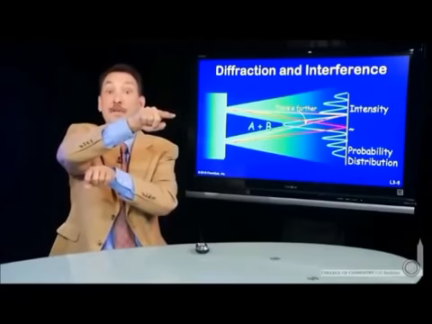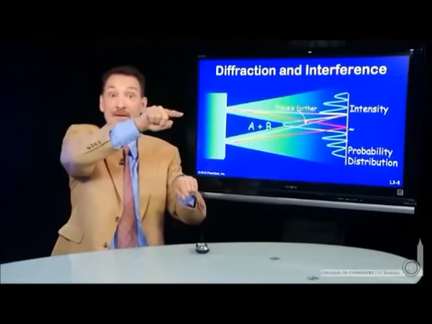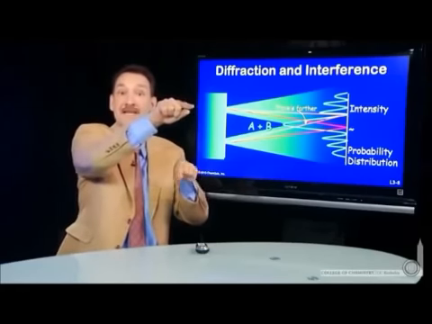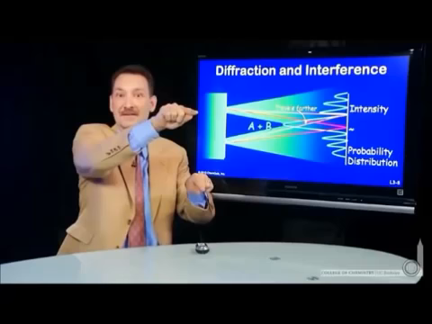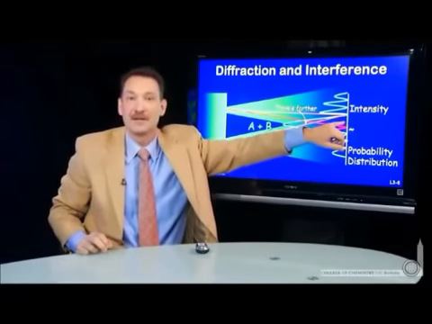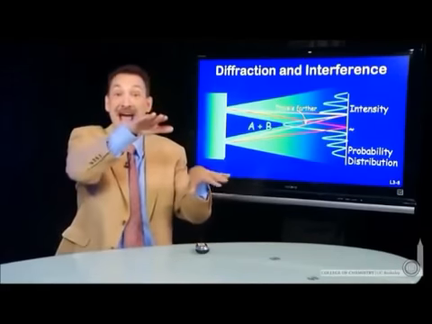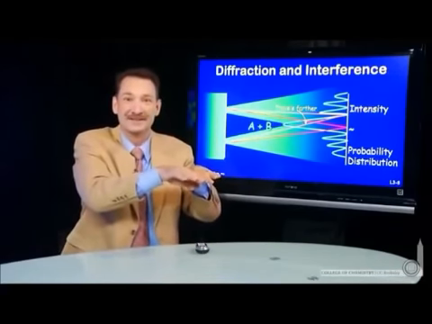The other one has a longer path. Up, down, up, down, up, down. So one arrives in an up phase, the other arrives in a down phase. And when you add those two intensities together, what you get is destructive interference. So the waves add to give zero intensity.